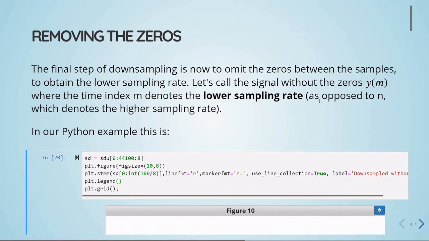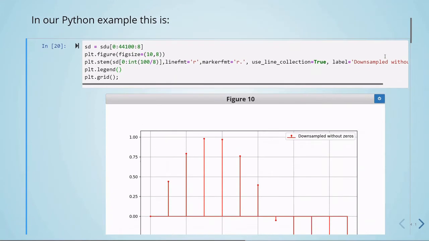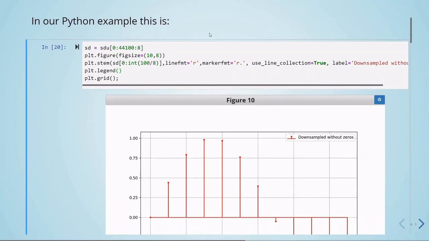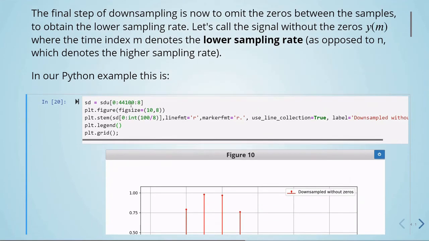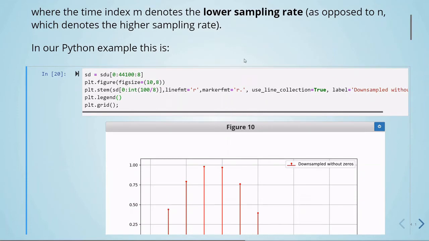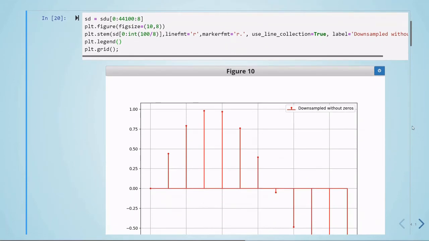So when we go back to our Python example of the sinusoid seen before, what we're going to do now is to remove the zeros. This is what we're doing here using this array indexing. We're just taking the n equals 8 multiples of this signal, removing the zeros, keeping just the non-zero values, and then plotting.